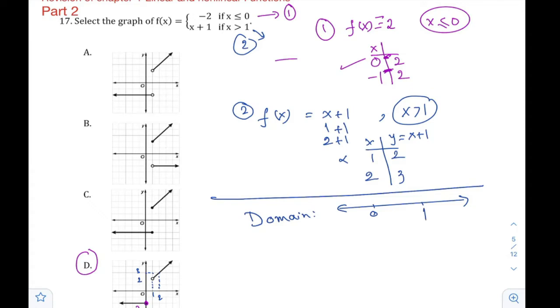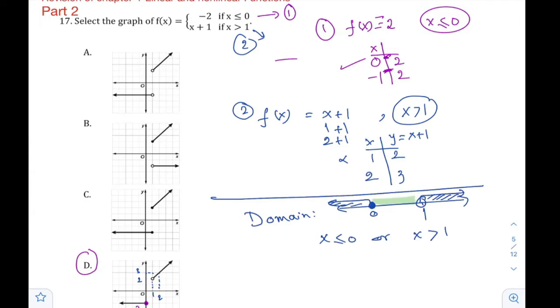The first is defined everywhere less than or equal to 0. The second definition starts from 1, not including the 1, going to the right, more than 1. So the domain here is not all real numbers. It's just when x is less than or equal to 0 or when x is more than 1. There is a part here not included in our domain.